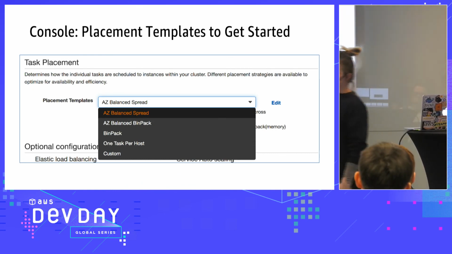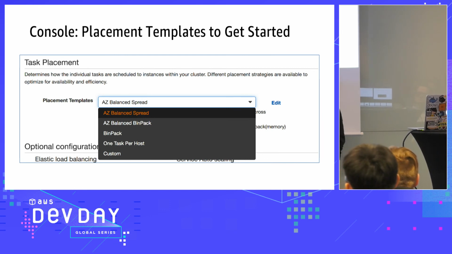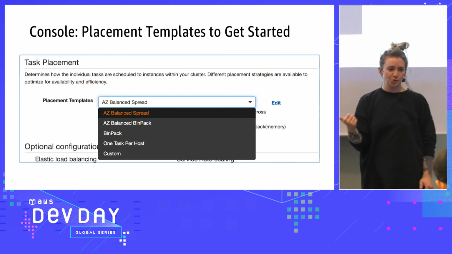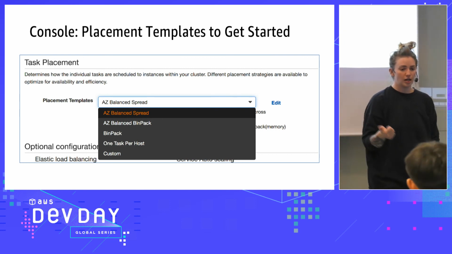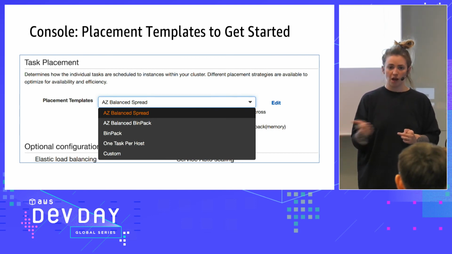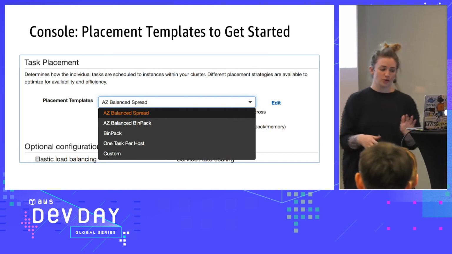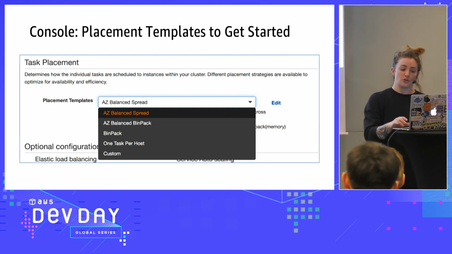you can work on the templates. There are a couple of helper functions there: balanced within a spread of availability zones, balanced within availability zones but bin packed, just bin packed without respect for availability zones, and one task per host. But also there's custom.